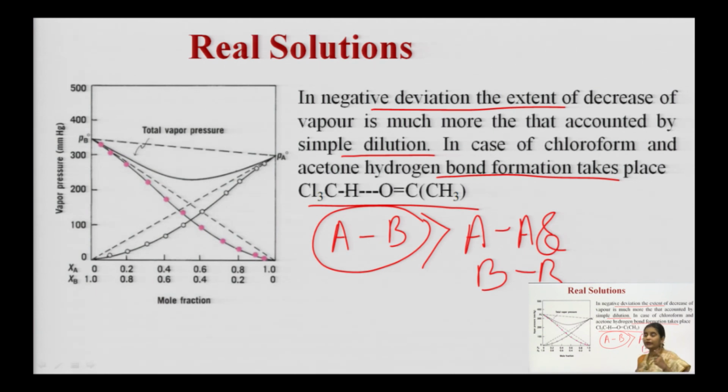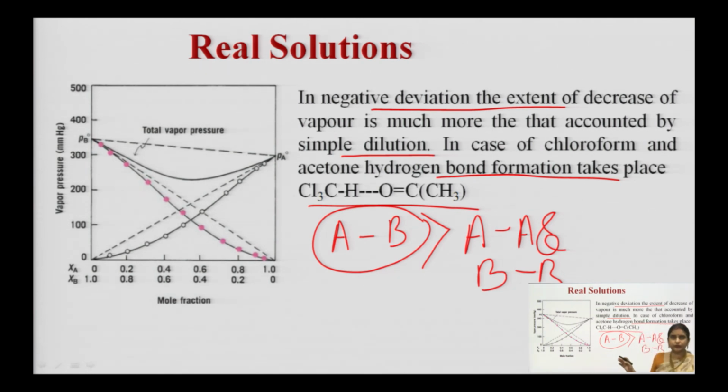Here you must remember that in lecture 2 we studied that if the force of attraction between the solute and the solvent is due only to van der Waals force, then we have to use the geometrical mean.